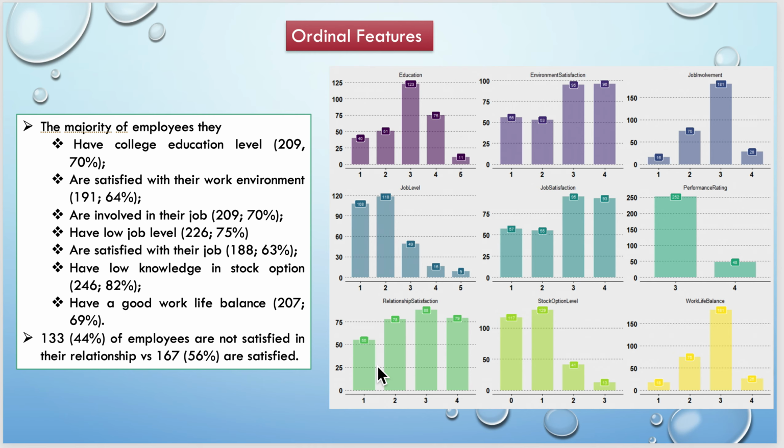Having low knowledge of stock options was 82%. And also very important, 44% of employees were not satisfied in their relationship versus 56% that were satisfied, as you can see in the graphs to the right.